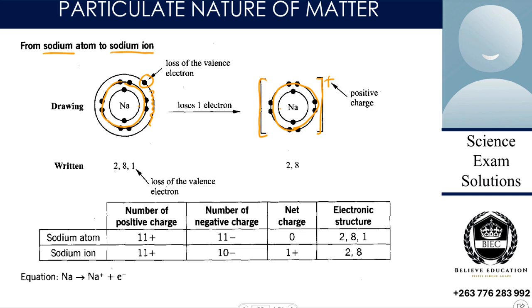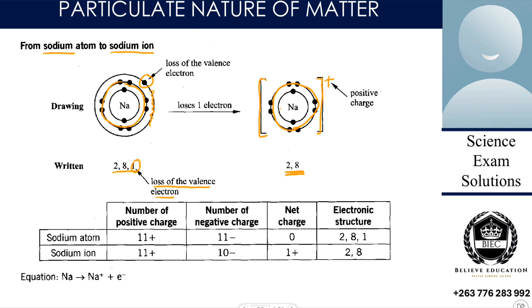Saka which means kuti panapa written electronic configuration yedu tatine 2 8 1. But then this one iri ndoro kunzi it will be lost, that will be the loss of the valence electron. Then takubva tasara tine electronic configuration yangova 2 8.